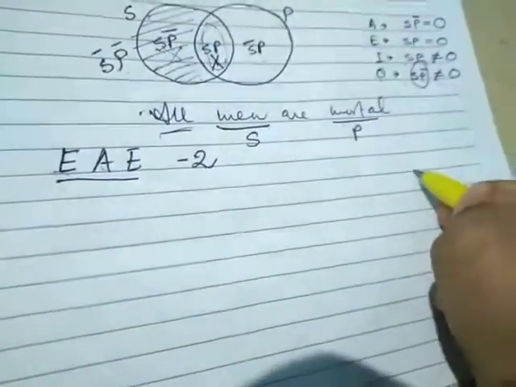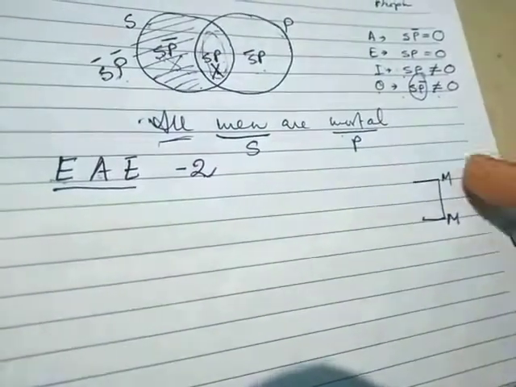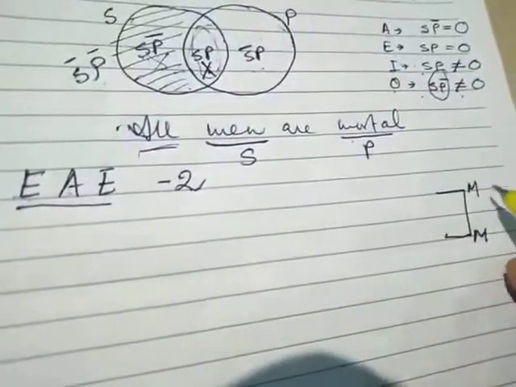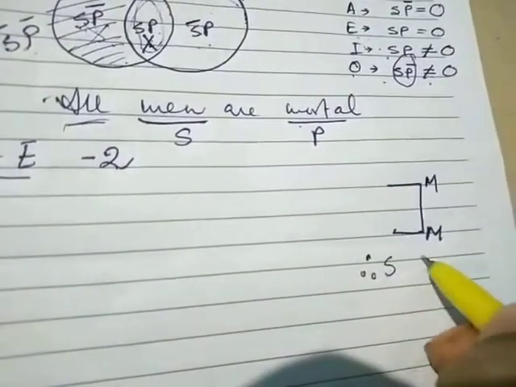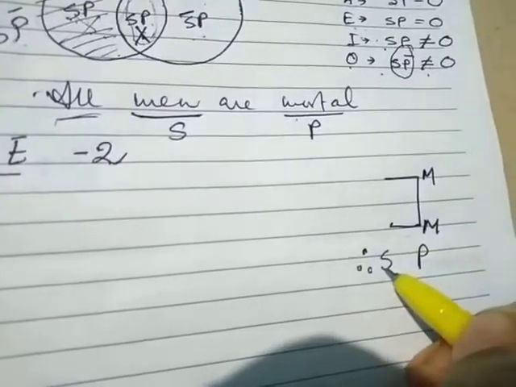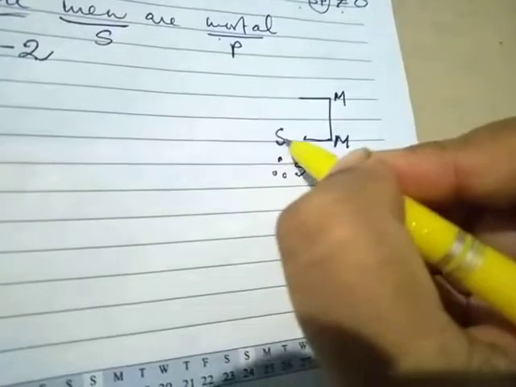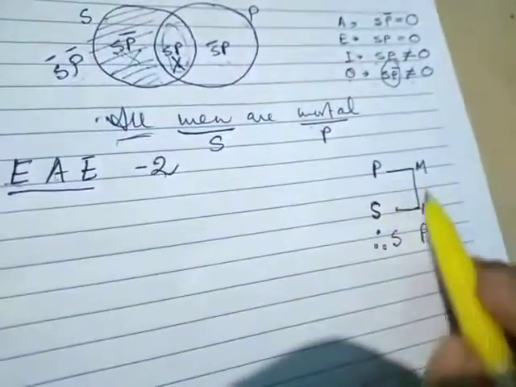In the second figure, the middle term is in the predicate of both the premises. Our conclusion is always SP. The subject of the conclusion is the minor term, which will be in the minor premise, and the predicate of the conclusion is the major term, which will be in the major premise. So the EAE-2 form stands like this.